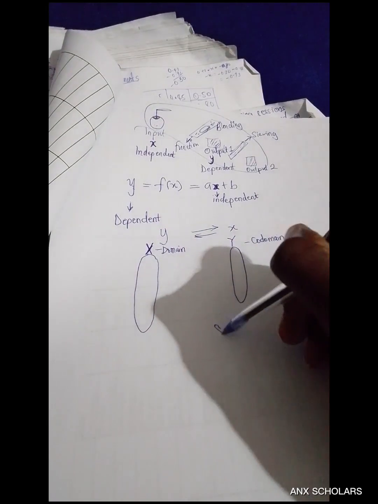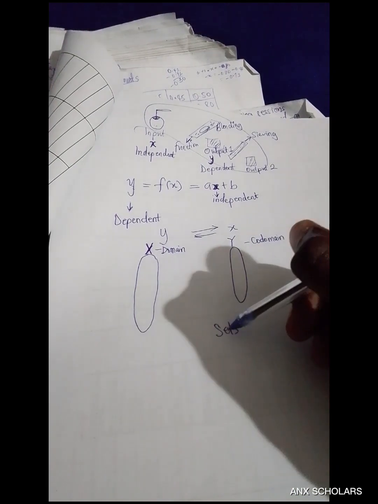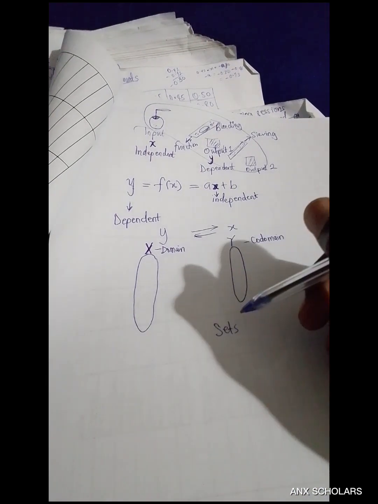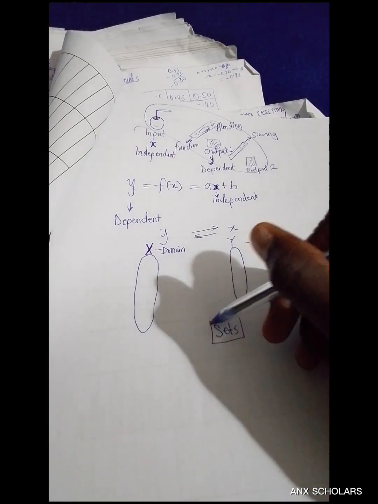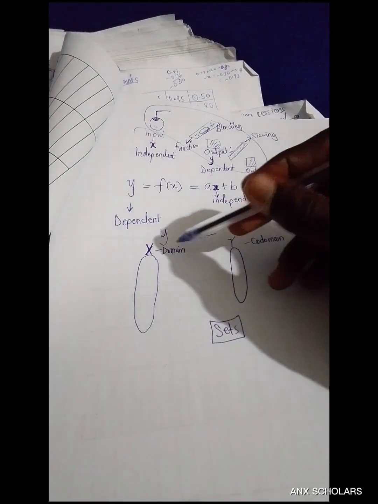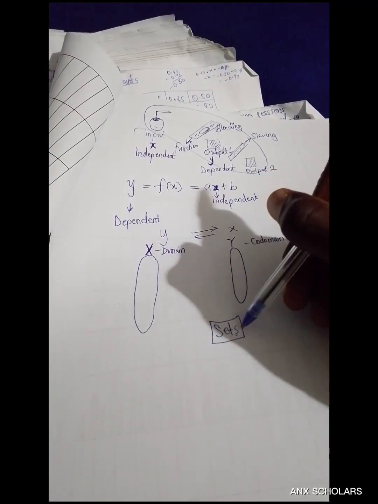Very importantly, we had been taught about sets last semester. So this is the guiding tool. The domain is a set of numbers, a set of x values. Are you with me?